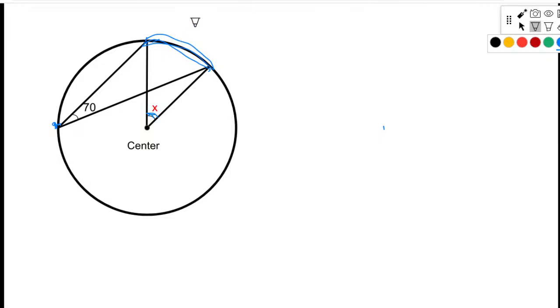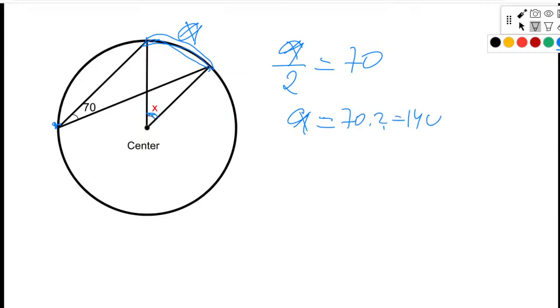So if it's x, it means that x divided by 2 equals 70. And let's not call it x because it's x we have here, so it's a. So a would equal 70 multiplied by 2, and this is 140.